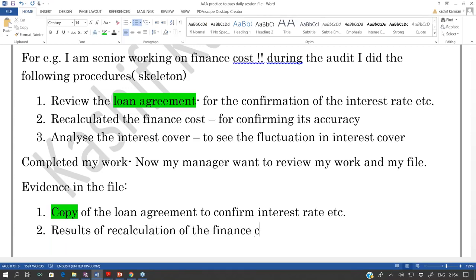So my manager will be very happy that I have put the results of recalculation in my working paper file, and delighted that I have done the right work on recalculation.